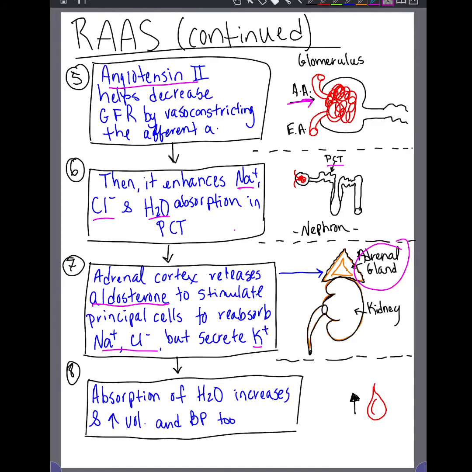Last but not least, once there's a release of aldosterone and we have reabsorption of sodium, chloride, and secretion of potassium, we're going to have absorption of water increasing, and this also increases the blood pressure and the volume too.